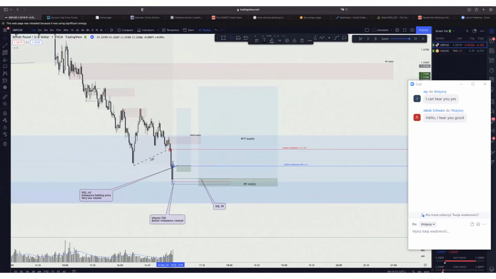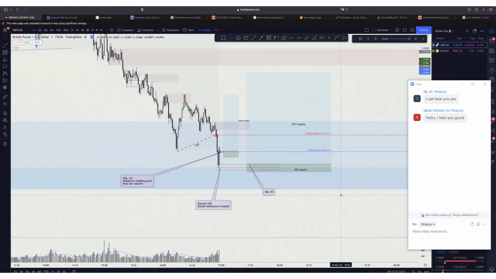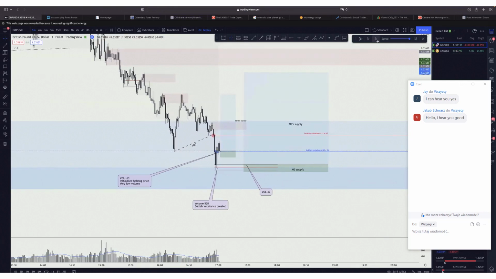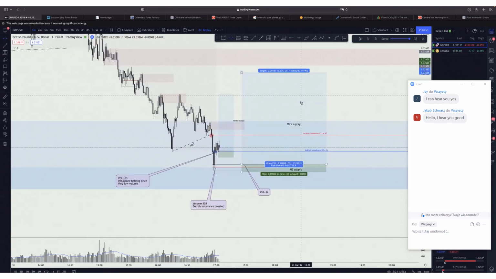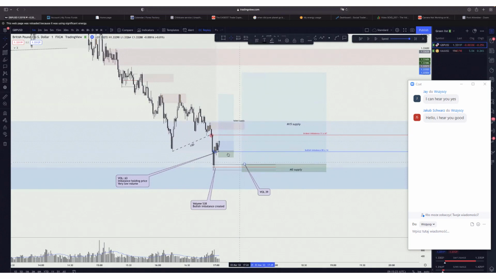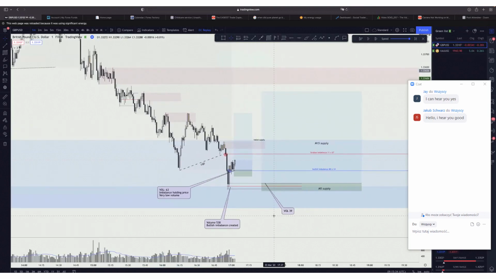My initial thought was if this holds price, to enter there. As we came back, the volume was really low here, so we had 63. As I entered on there, my assumption was that it would hold price.